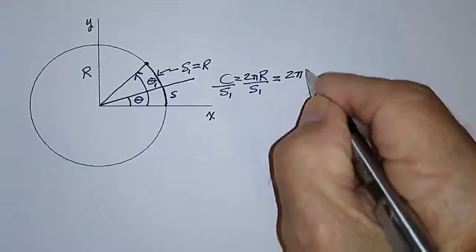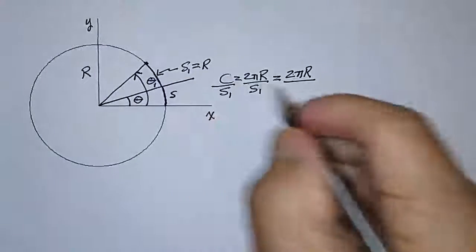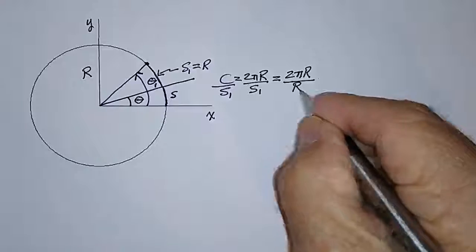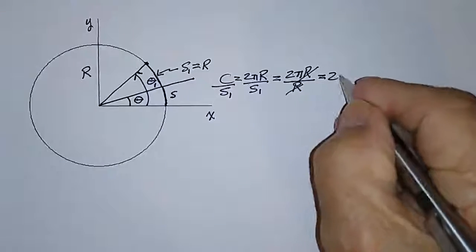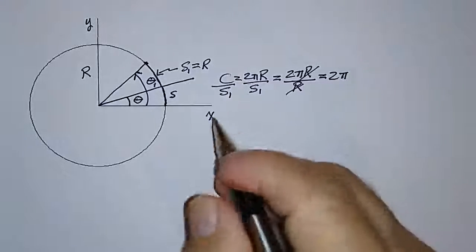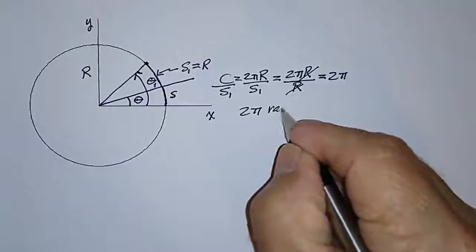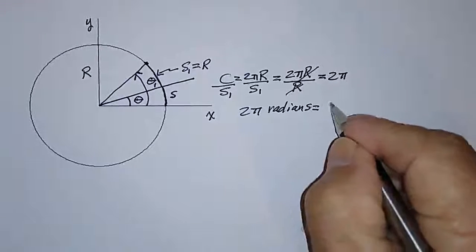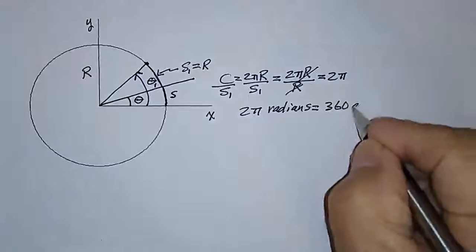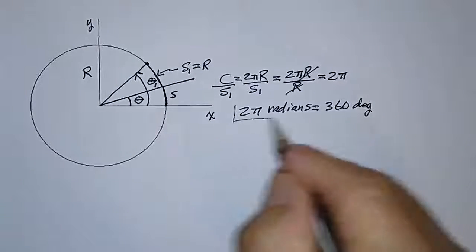And that's 2 pi r divided by, well, when S1 is equal to r, then that's equal to 2 pi. So 2 pi radians equals 360 degrees. That's a nice conversion factor for you.